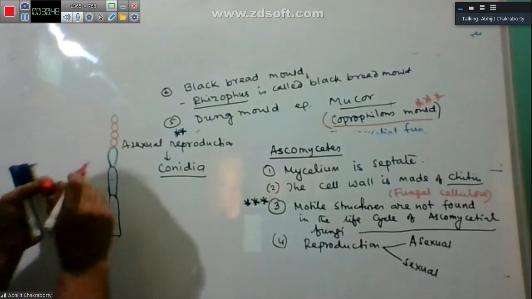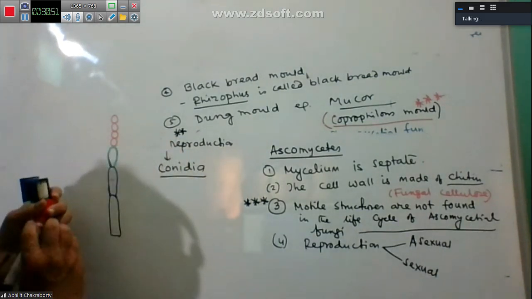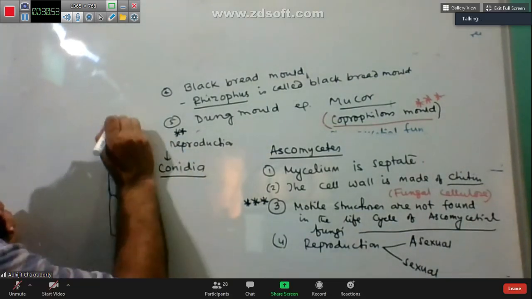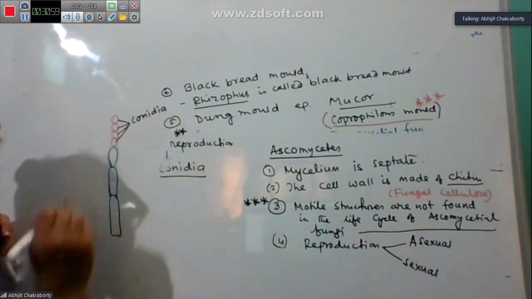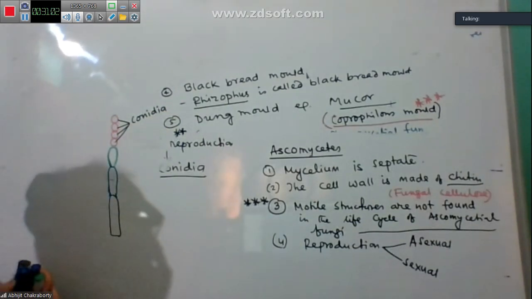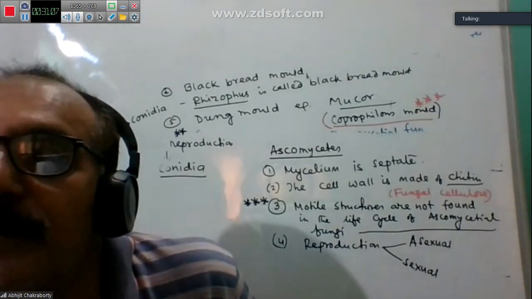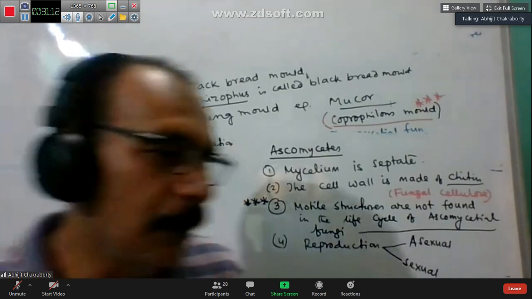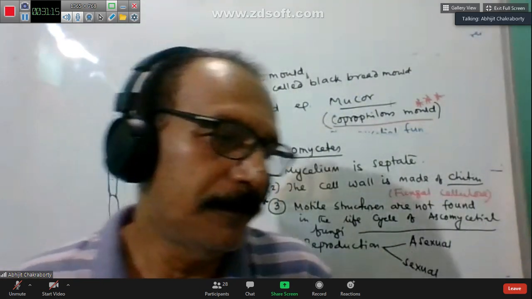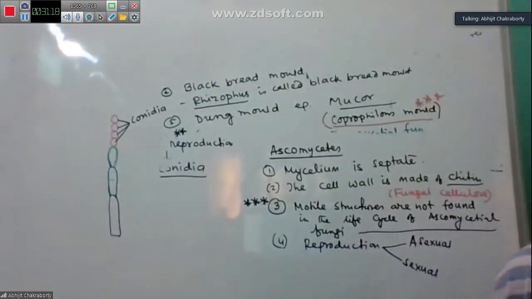It's called conidia. Now you know what conidia are. Write down, please. Conidia are asexual spores.